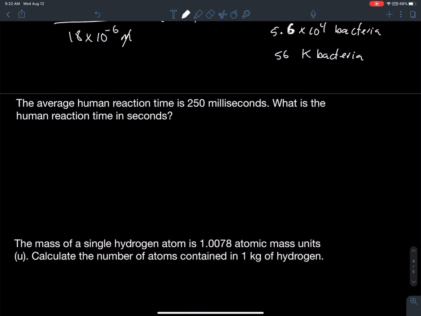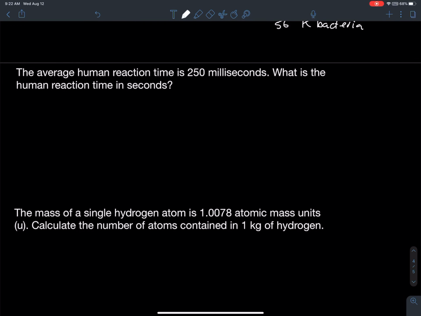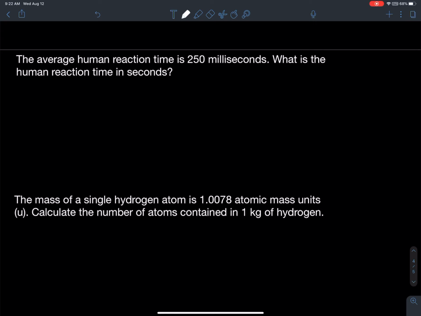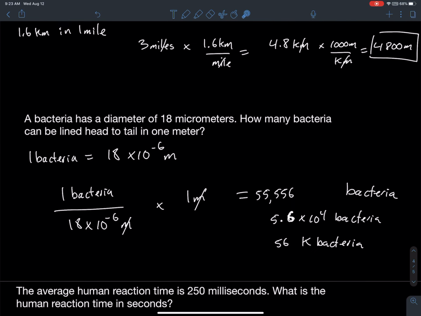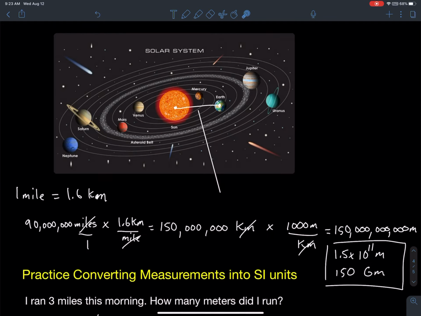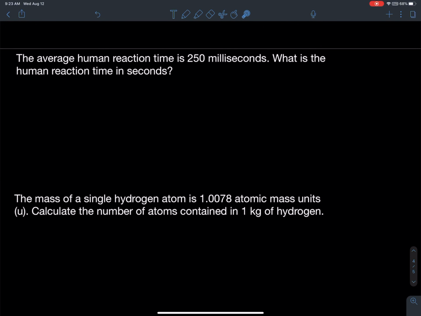Now, the average human reaction time is 250 milliseconds. What's the human reaction time in seconds? I need to think about how to convert milliseconds into seconds. Looking at the table, milli is 10 to the minus 3, so 1 millisecond is equal to 1 times 10 to the minus 3 seconds.